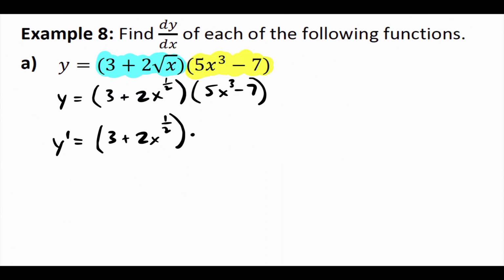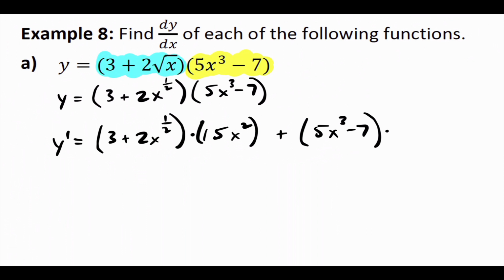What would the derivative of the second be? 15x squared. Good. Plus the second one rewritten times the derivative of the first.